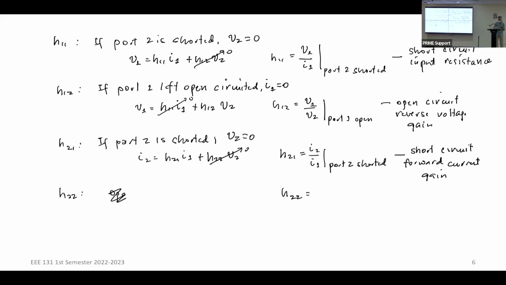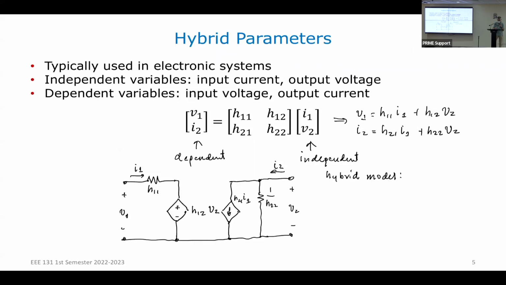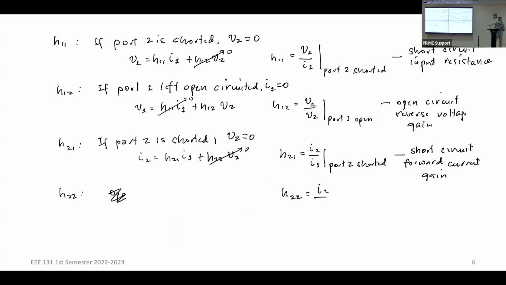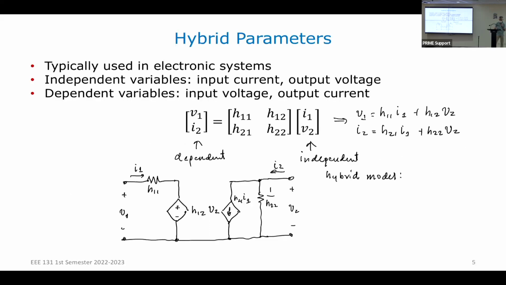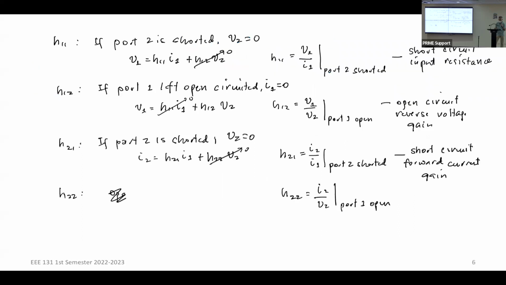H22 is going to be equal to I2 over V2. No? I2 over V2 with port 1 open. Okay. I2 over V2 with port 1 open. No? And this is going to be your open circuit output conductance.